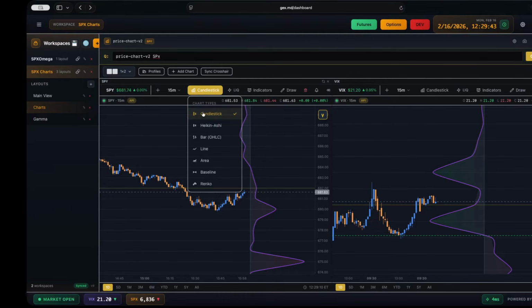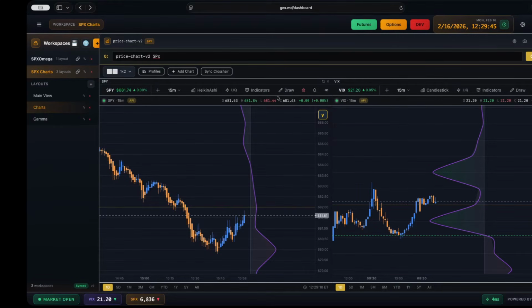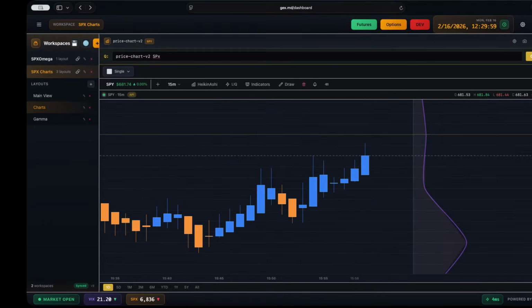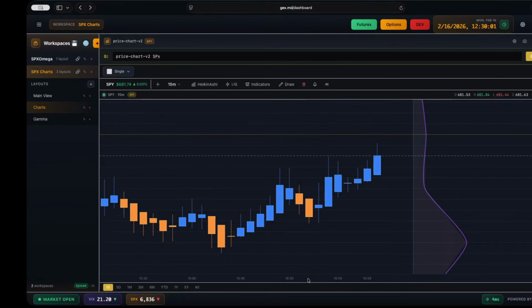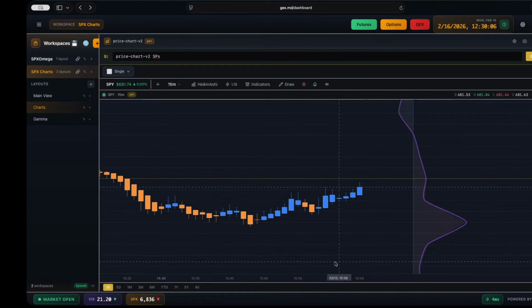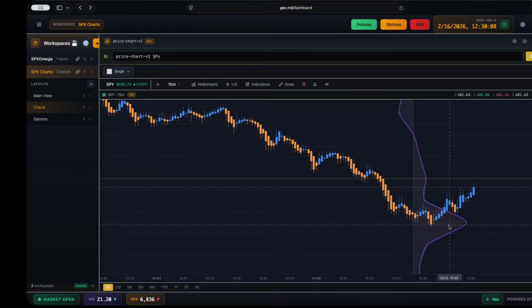Then you can start adding all the features you want. For example, you want to see the Heikin Ashi, do that. Then a faster way to create this, so you don't have to do it twice: let's put only one first, and then let's make it one completed, and then let's replicate the second one really fast.